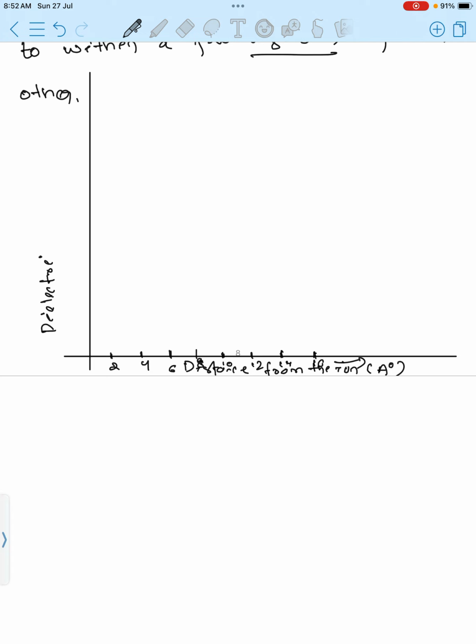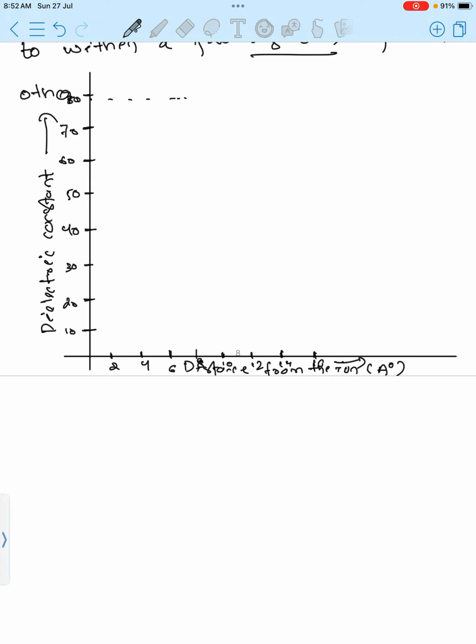How is this dielectric constant varying with the distance from the ion? This is 10, 20, 30, 40, 50, 60, 70, 80.